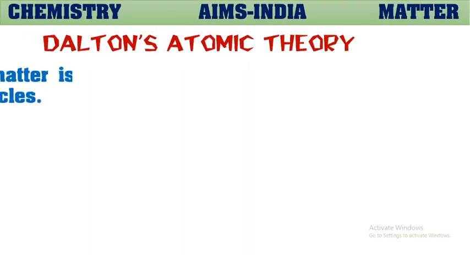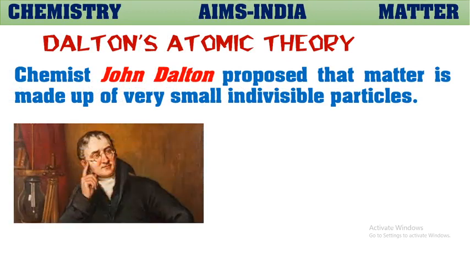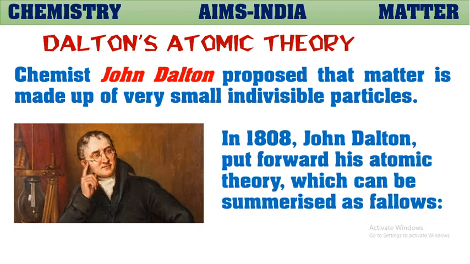Dalton's atomic theory. Chemist John Dalton proposed that matter is made up of very small individual particles. In 1808, John Dalton put forward his atomic theory, which can be summarized as follows.